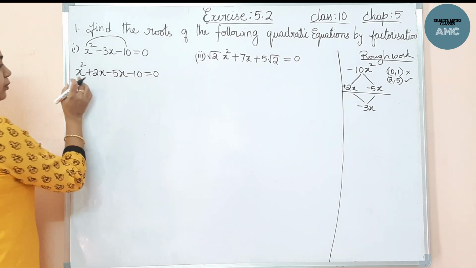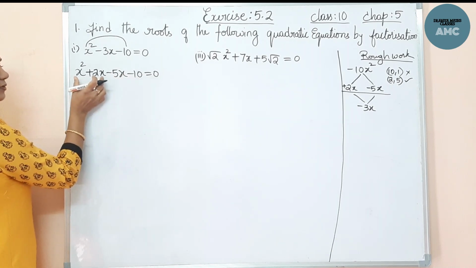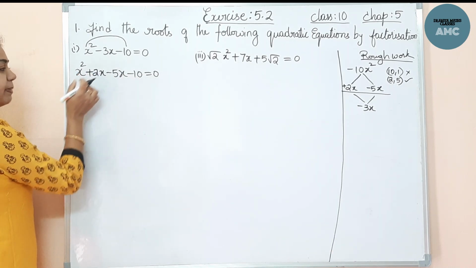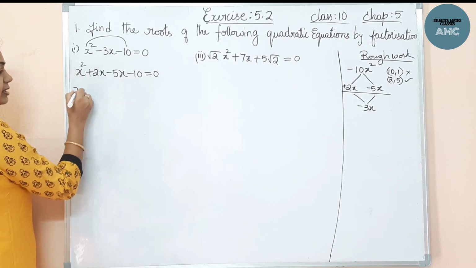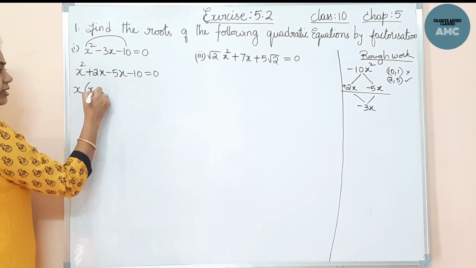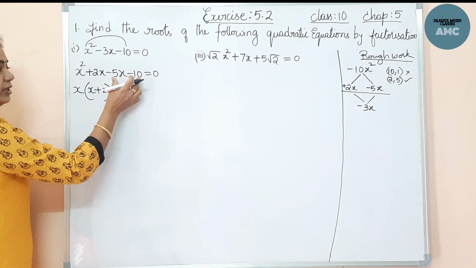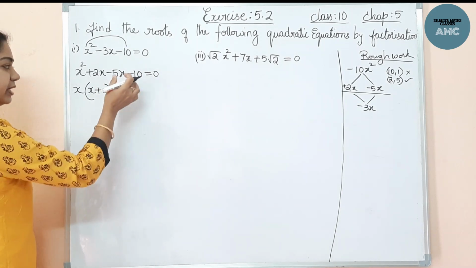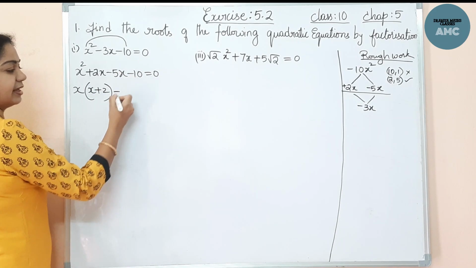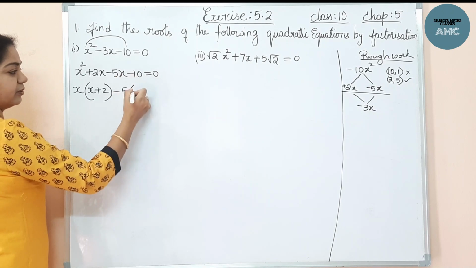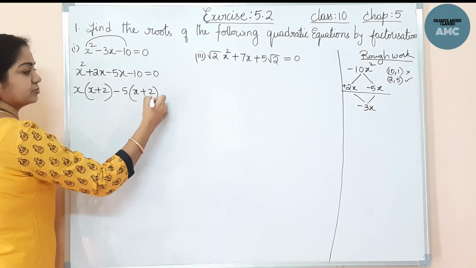Now in these 4 terms, from 2 terms take the common part. In these 2, common is x, so the remaining is x plus 2. Now in these 2 terms, take out what is common: minus is there, 5 is common, and the remaining is x plus 2.